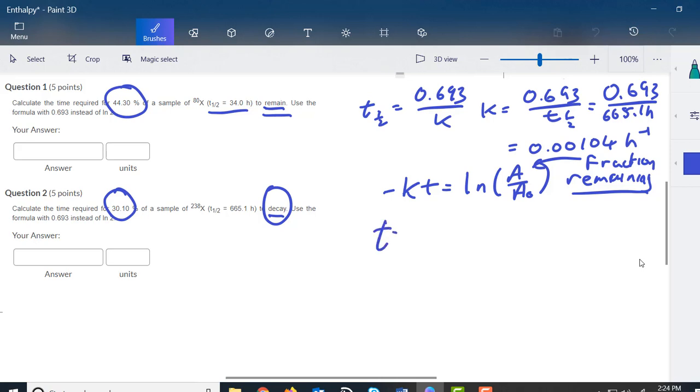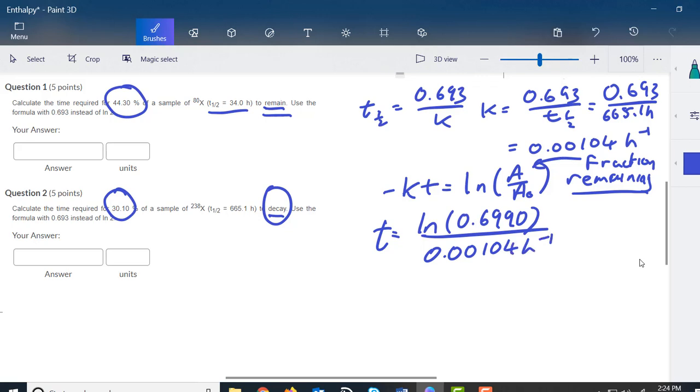So the time then is going to be log of 0.6990 divided by 0.00104 hours to the minus 1.